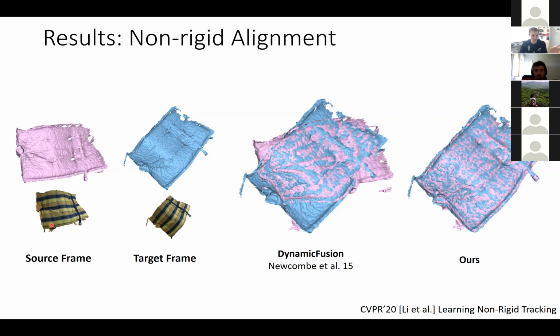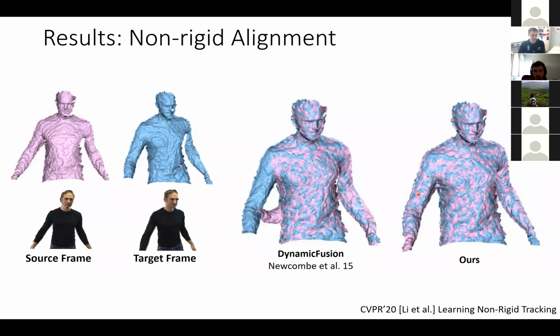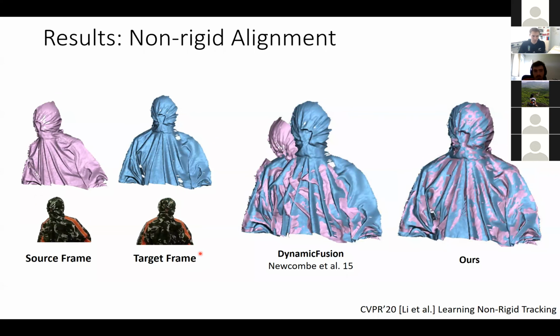We have a source frame and a target frame. We compare against DynamicFusion, and we show we're better because we're not only converging faster, but we're also more robust because our network helps us here, right? We have more results here. I guess this is a reconstruction of myself, and we see we're getting quite good results.